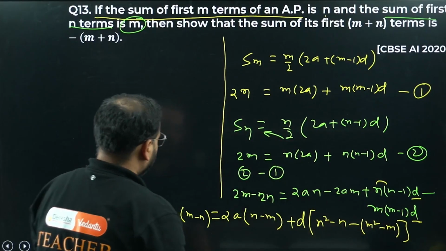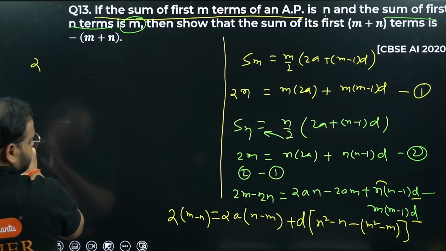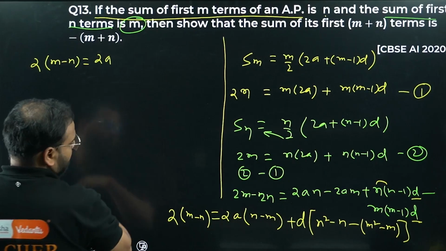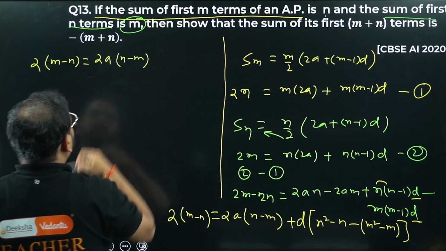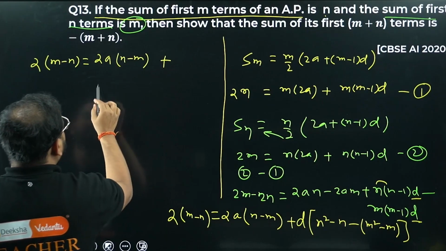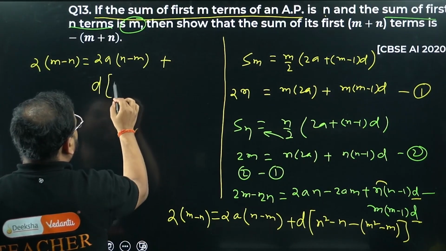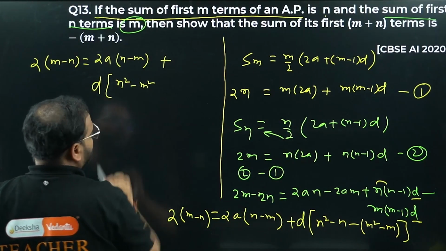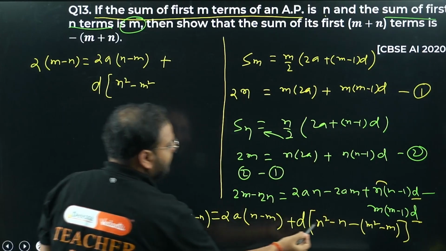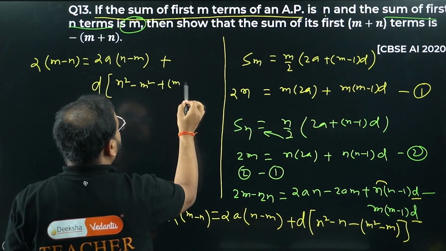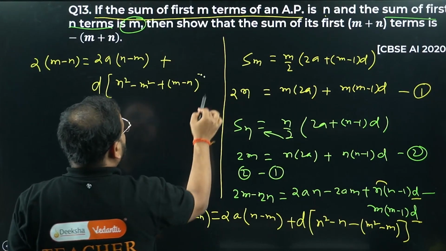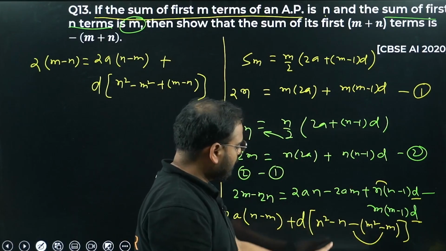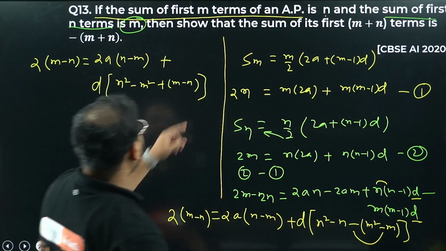Now I can write this again: 2 times m minus n equals 2a times n minus m, plus d times, clubbing together, n square minus m square, and the other terms give minus n plus m, so plus m minus n. The minus and minus become plus, so I have minus n plus m, that's why m minus n.